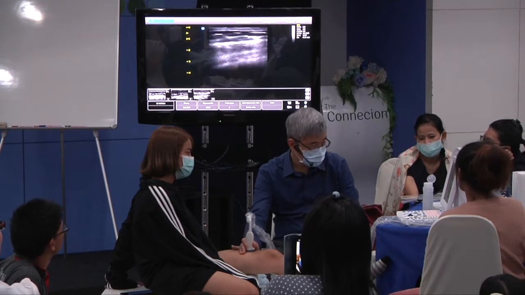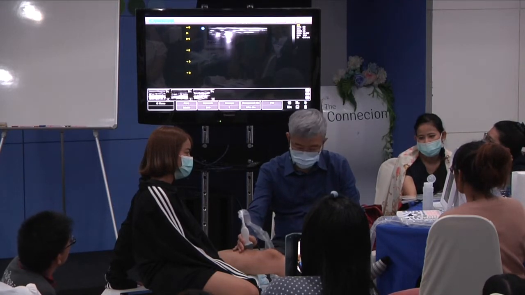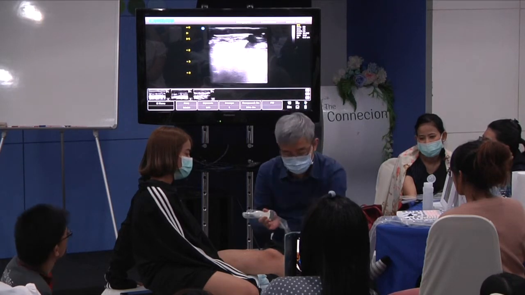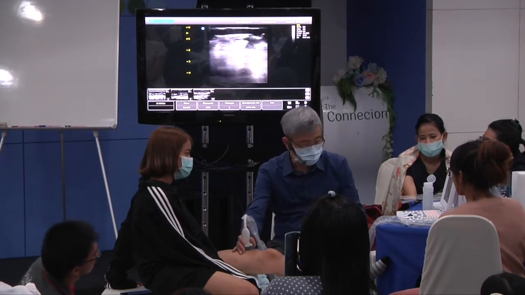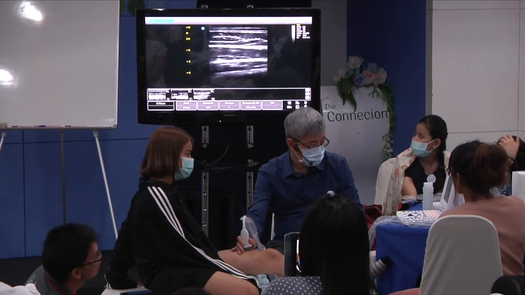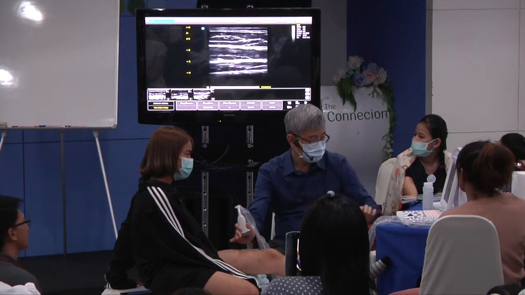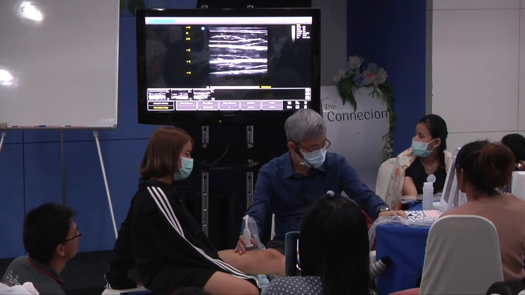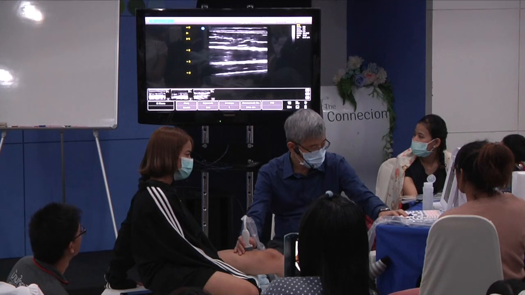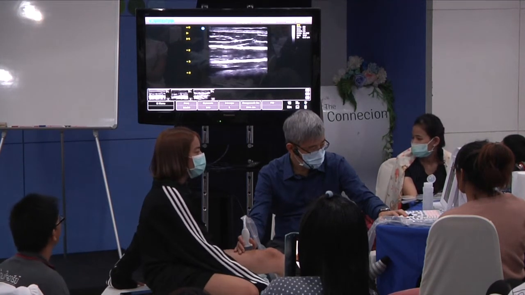Without compression, the muscle thickness is reduced. Floating scale is used again. Do not move.